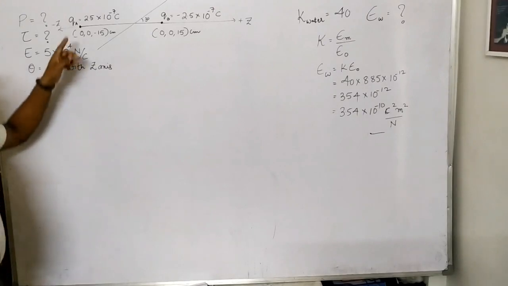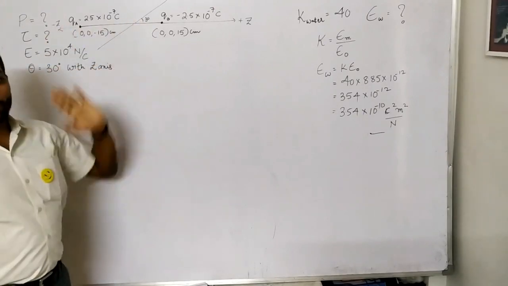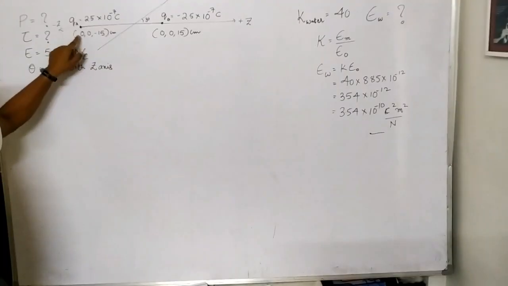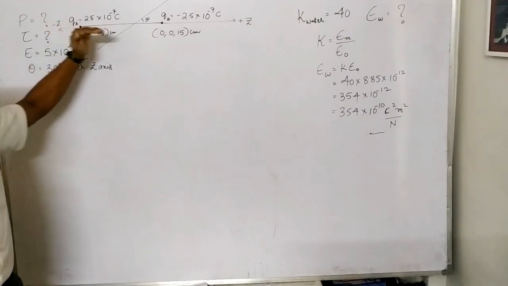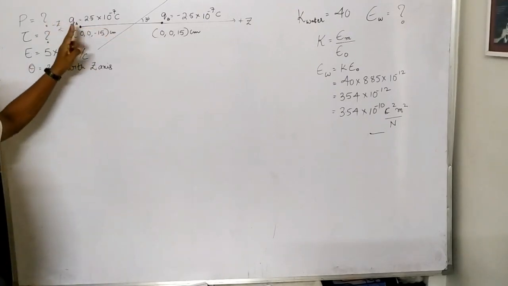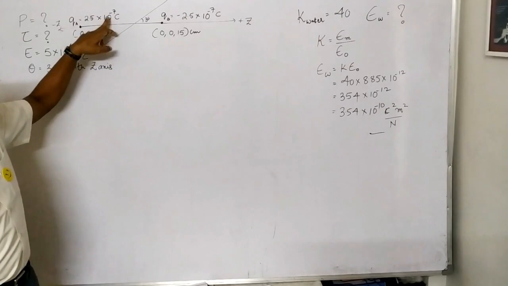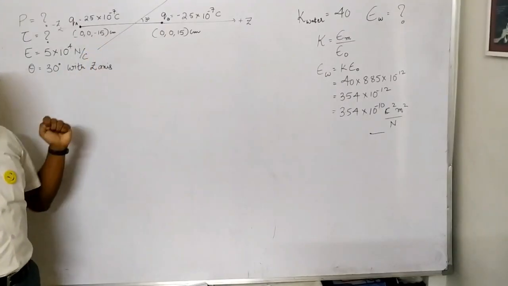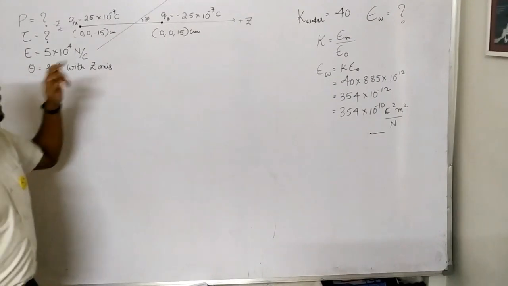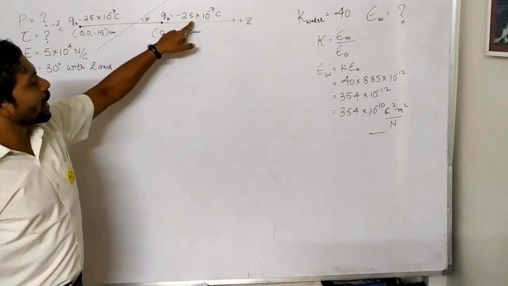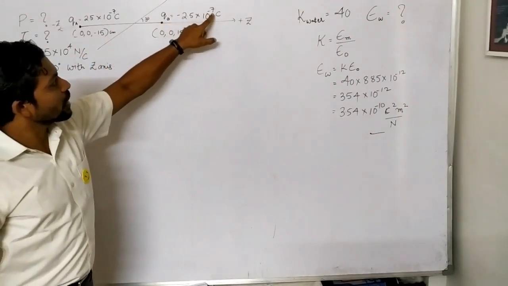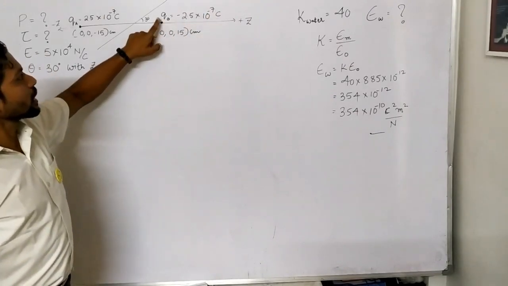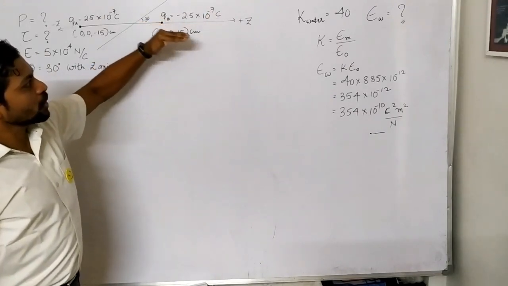Friends, in this question they gave a dipole to us. The locations of the dipole charges are on the z-axis. One charge, that is 2.5 into 10 to the power of minus 7 coulomb, is at coordinate minus 15 centimeter on the z-axis, and there is one more charge, minus 2.5 into 10 to the power of minus 7 coulomb, that is the second charge QB, on the positive z-axis.